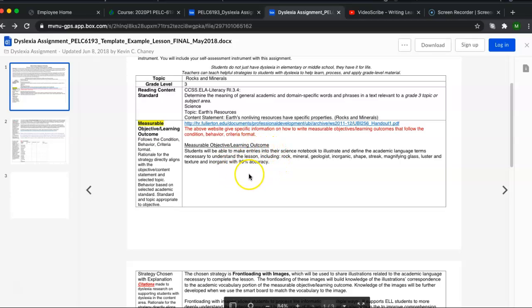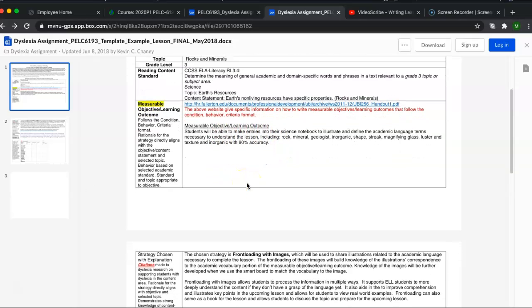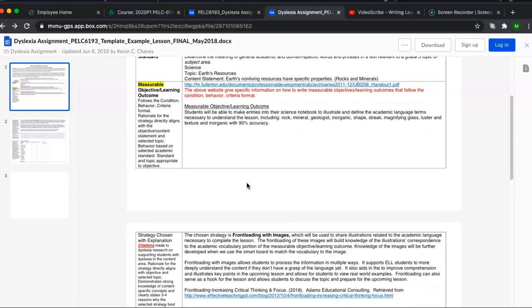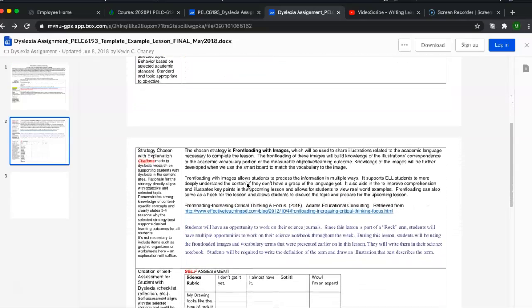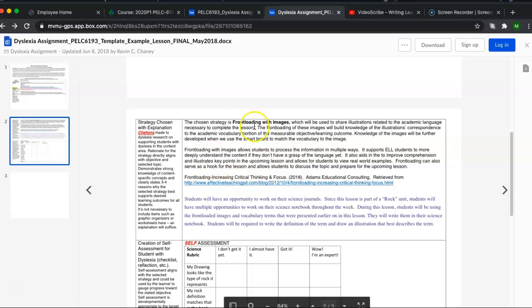Make sure that your measurable objective has condition, behavior, and criteria format. I don't want you to lose points for that. This is where you put the reason that you chose the strategy that you did.